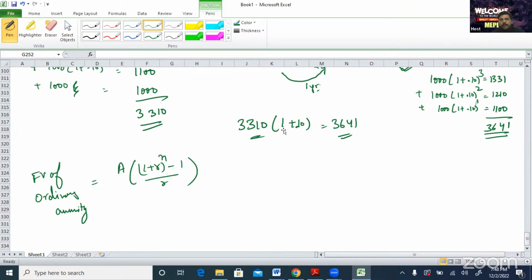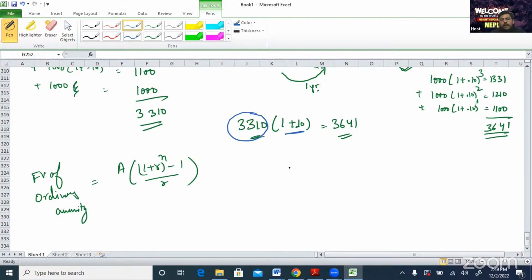And what I told you, if I simply compound this future value of ordinary annuity with 1 extra compounding, for an extra period, what will it give me? It will give me future value of annuity due.